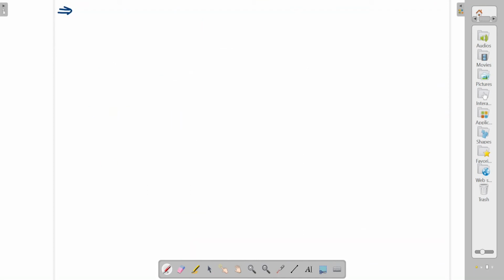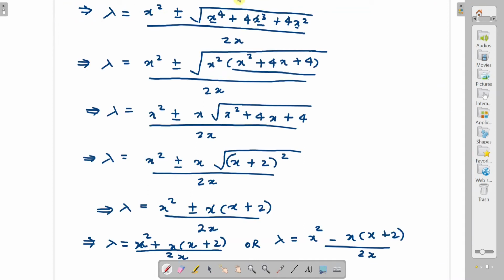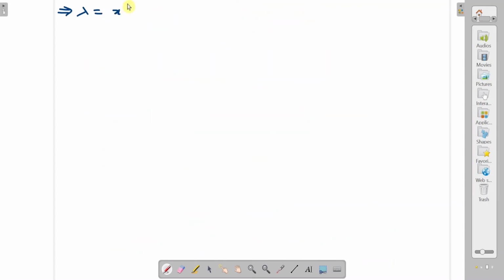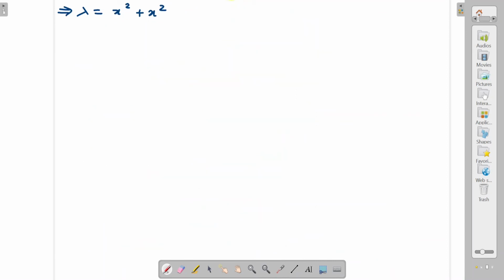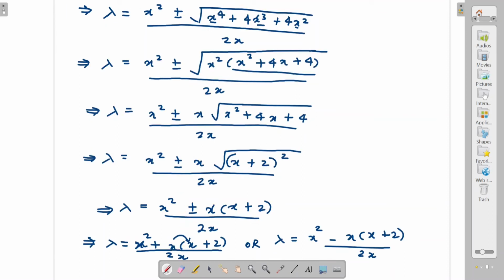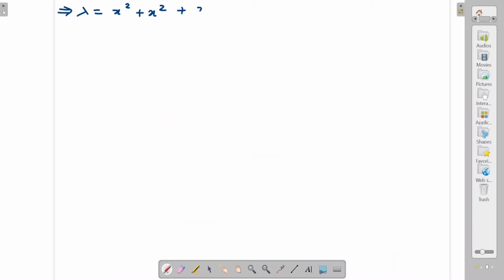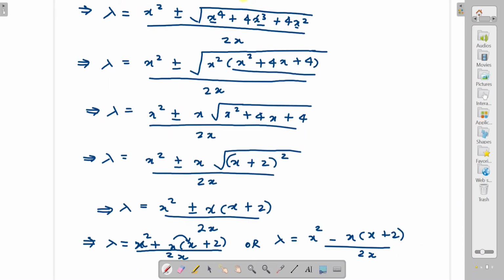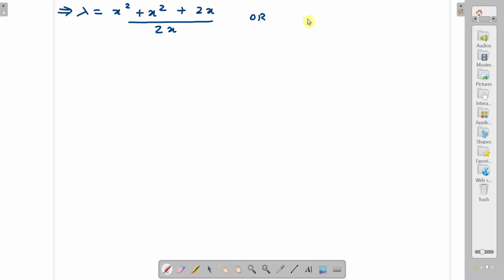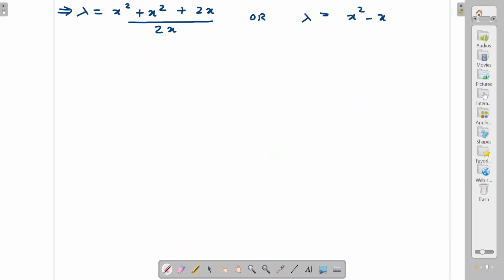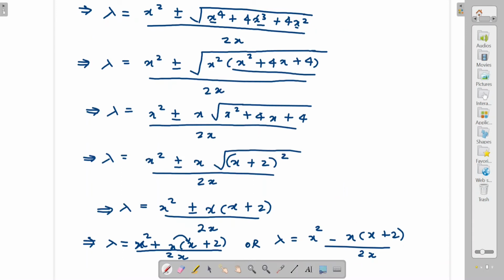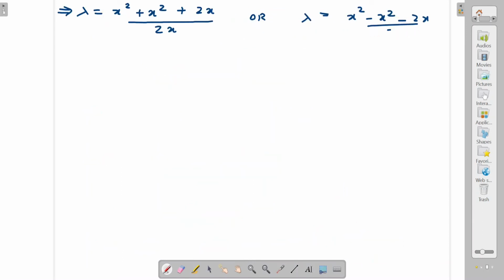So lambda is equal to, from the first equation, x square plus x square, because we can multiply this, x multiplied by x is x square, and then x multiplied by 2 is plus 2x, and divided by 2x, okay, or from the next equation what we are getting, x square minus x square, right, and then minus 2x, and then it is divided by 2x.